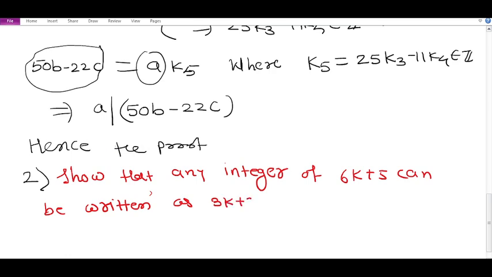The converse is not true. So this is what we want to show here.